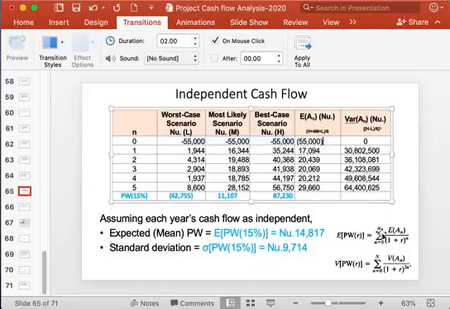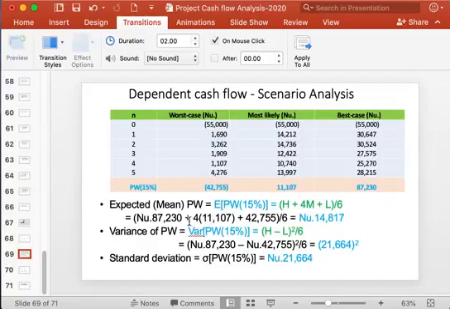But using this formula, it doesn't take care of the relationship between one year to other year, the cash flow between one year and other year.